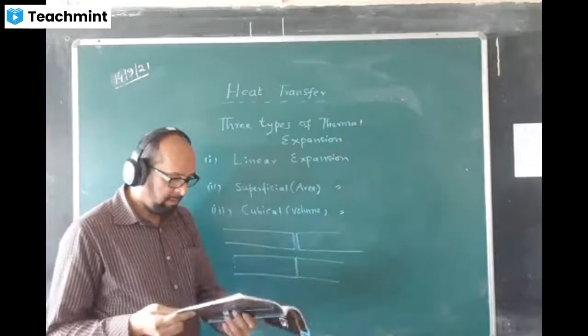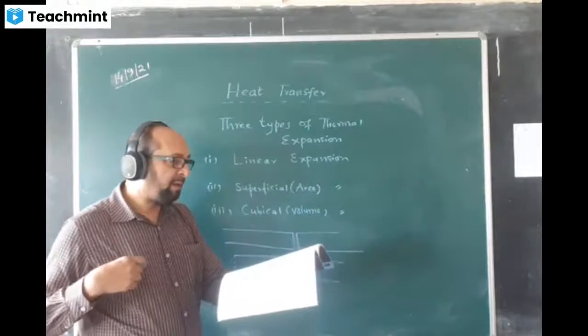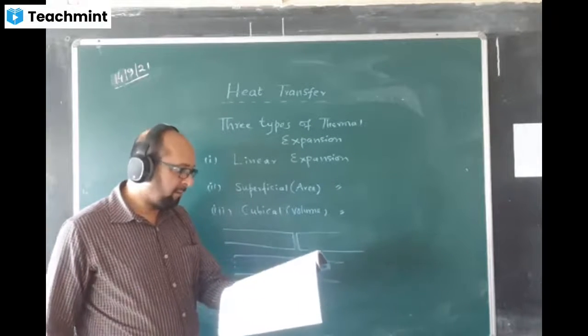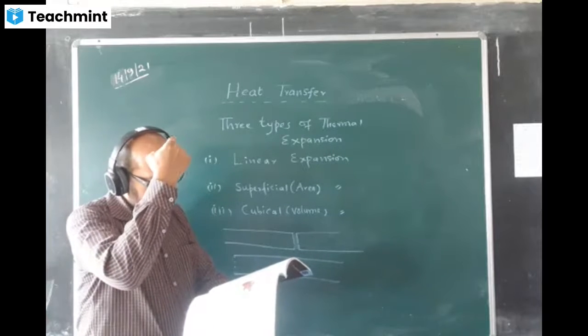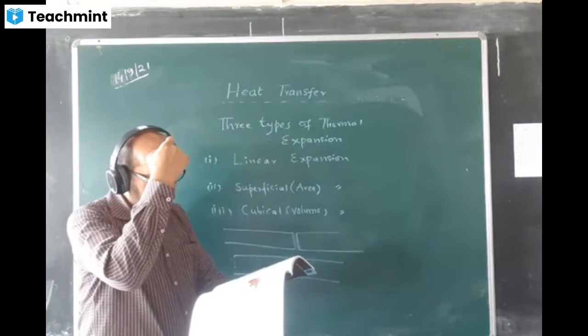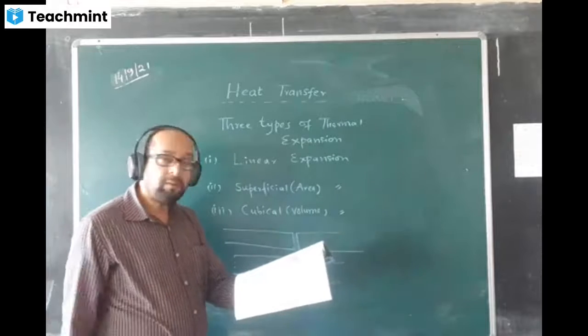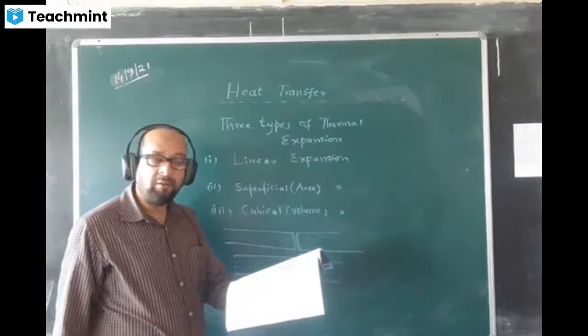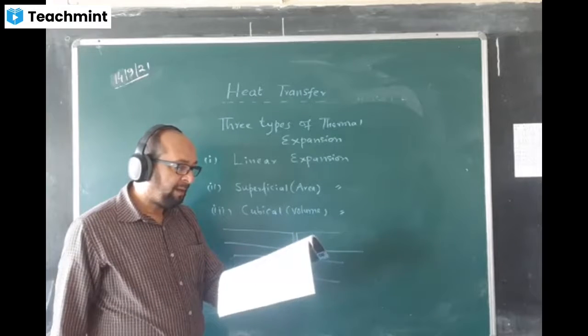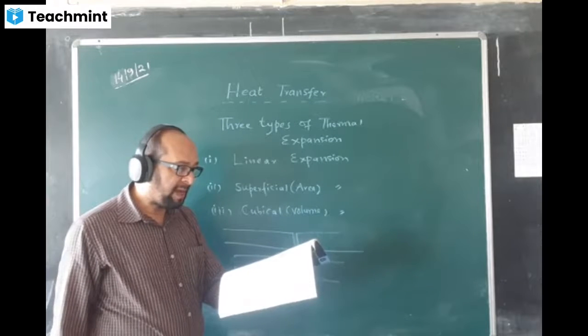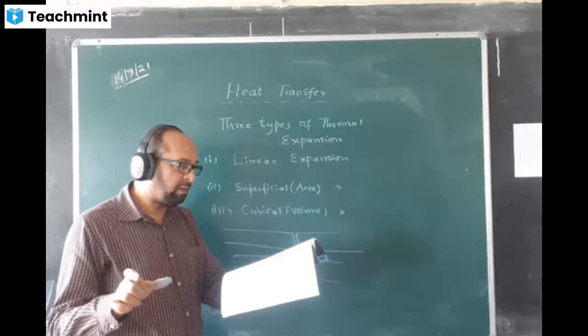Tell me, boys. Same thing they are showing here, figure on page 112. Construction of a bridge. They are showing a bridge. Bridges are kept on rollers. Can you see the rollers?